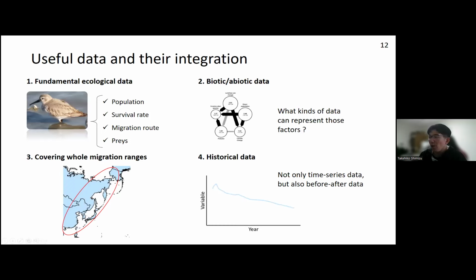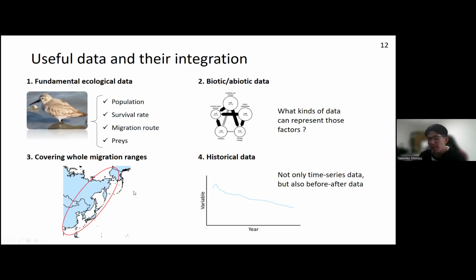Secondly, we should collect biotic and abiotic data influencing shorebird population change. In this case, we should consider the prior 5 direct drivers and what kind of data can represent those factors. Land or sea use change and climate change are largely represented by satellite data, but pollution, overexploitation, and invasive species data covering the same extent as the shorebird monitoring survey are still lacking.